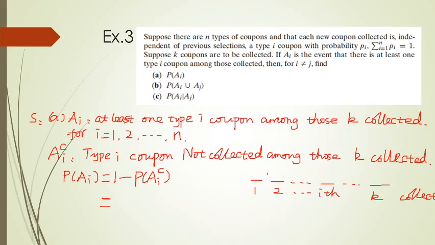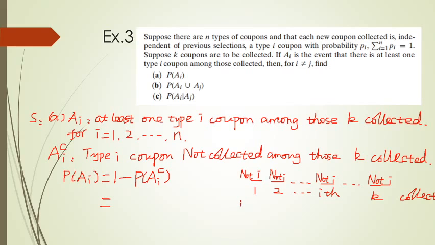Each coupon, the first one is not I, the second one is not I. We are thinking about the probability for AI's complement. Then the ith one is also not type I coupon, and the Kth one is also not I. So what is the probability to choose the first coupon which is not the type I?